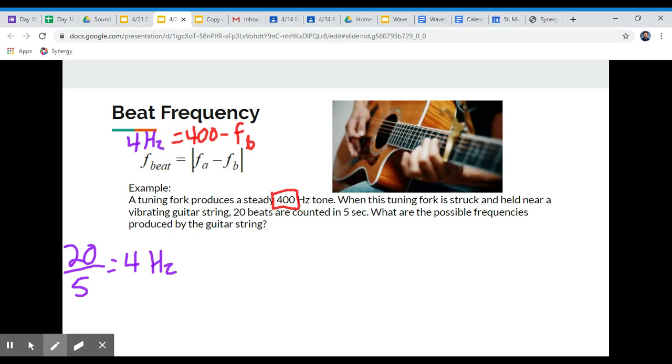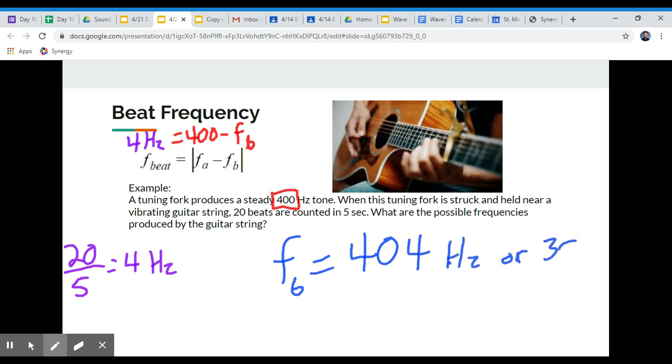Since we have an absolute value, then we can just take plus and minus. My frequency B is going to be either 404 hertz, or it could be 396 hertz.